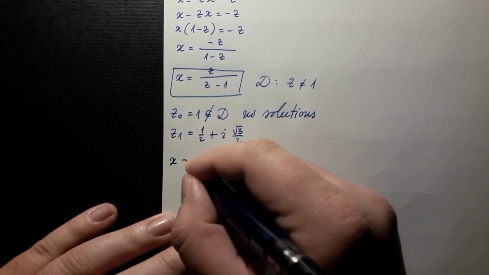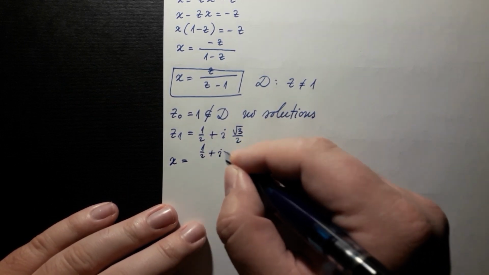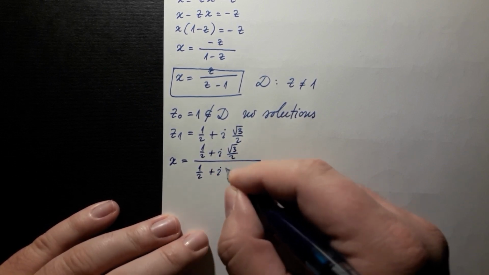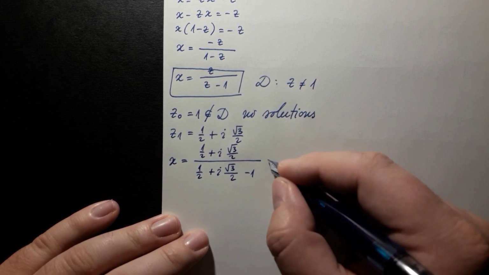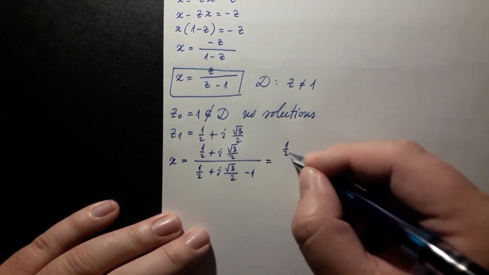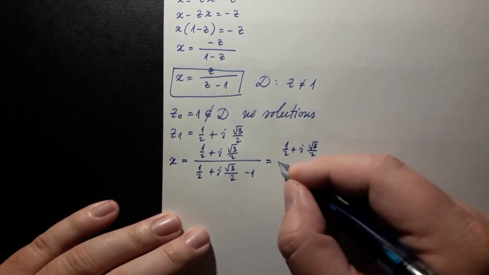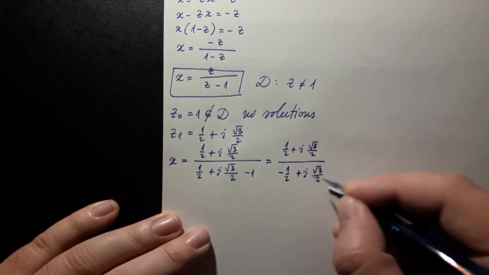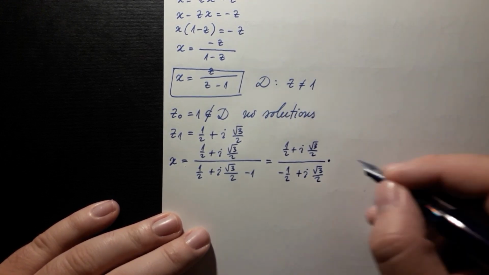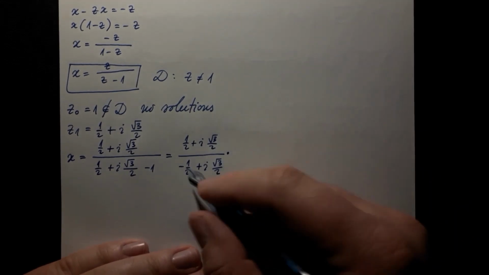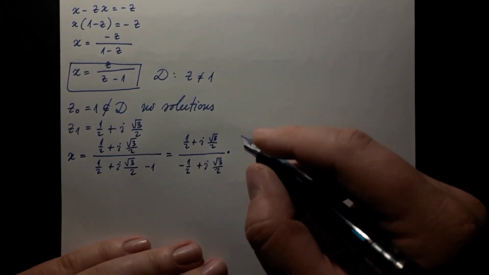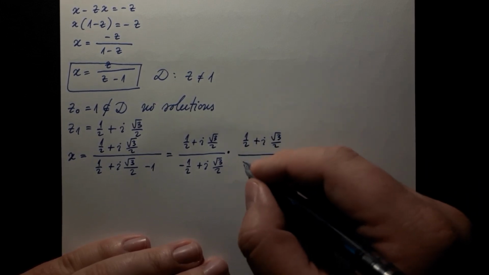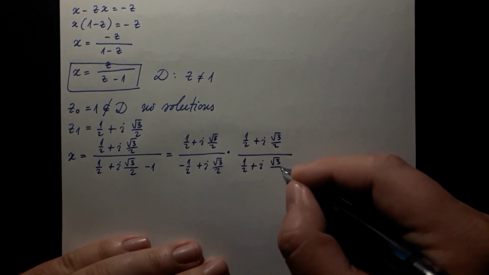Well, that basically makes x equal to 1/2 plus I square root of 3 over 2 over 1/2 plus I square root of 3 over 2 minus 1, which is then equal to 1/2 plus I square root of 3 over 2 divided by negative 1/2 plus I square root of 3 over 2, which we can multiply by 1, so we don't change anything, but we are going to write that one as 1/2 plus I square root of 3 over 2 over 1/2 plus I square root of 3 over 2.